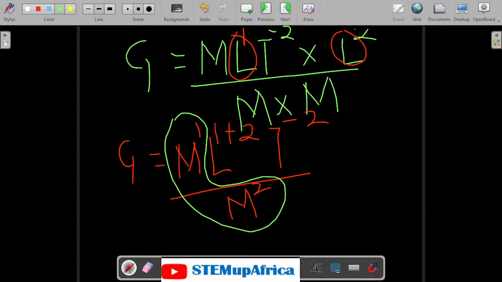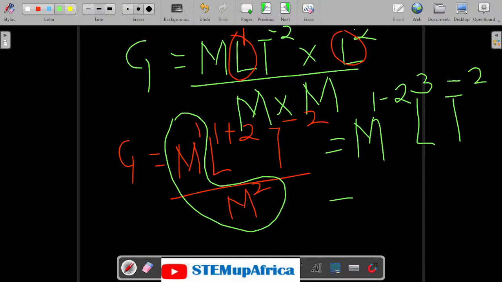So I can apply the law of indices to these two M, the law of division in indices. If I apply that, I'm going to have M to the 1 minus 2, L raised to power 3, T to the minus 2. If I simplify, it will give me M to the minus 1, L raised to power 3, T to the minus 2.